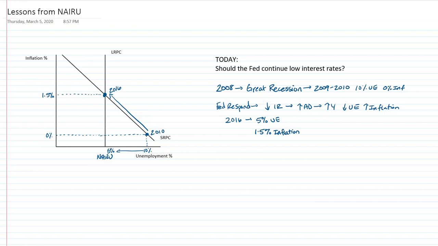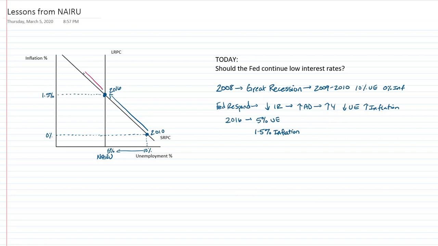And this is where the Fed and all policymakers began to face a challenge, the lesson or trade-off of the Phillips curve. If they wanted to continue their low interest rates, those low interest rates would continue to push the unemployment rate down.